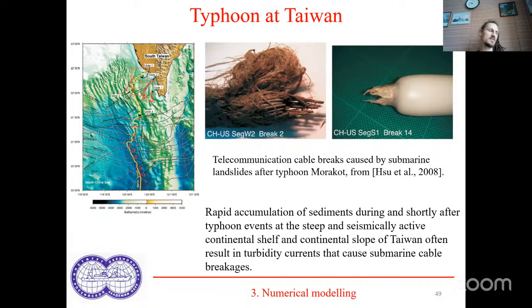And the problem in Taiwan is that they have submarine landslides. The sediments which are transported from river to sea and accumulated at the seafloor form submarine landslides, and they break telecommunication cables at the Taiwan coastal areas.